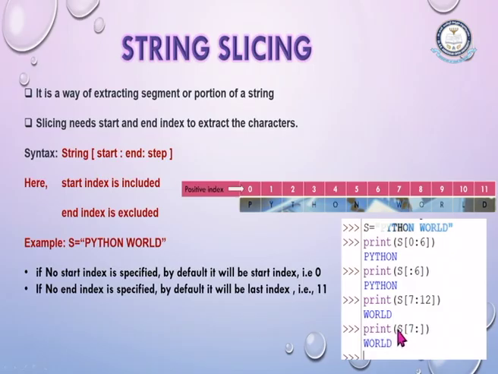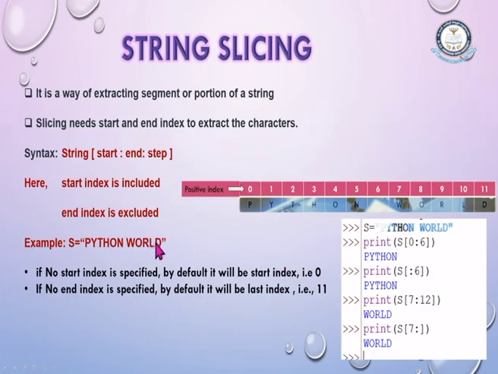That means you are going to extract the characters from the 7th index to the last index, or the end index minus 1 position, that means 11. So you will get the characters from the 7th index to the 11th index, that is W, O, R, L, D. So that is the way of specifying the start index and end index.